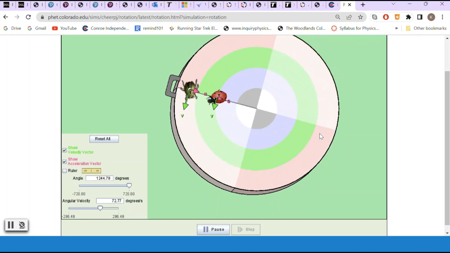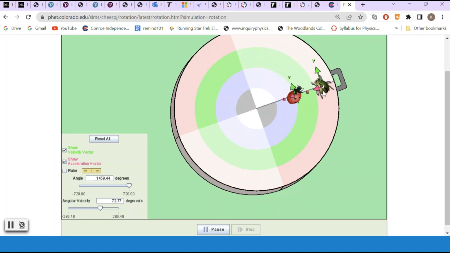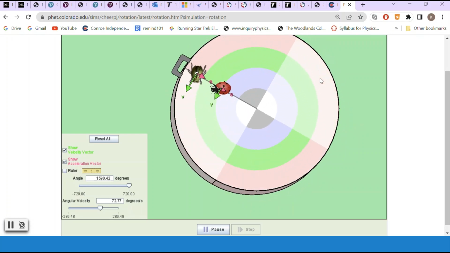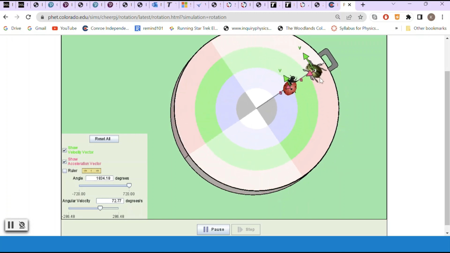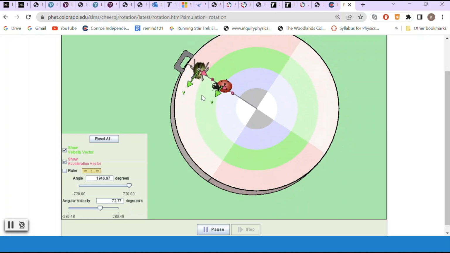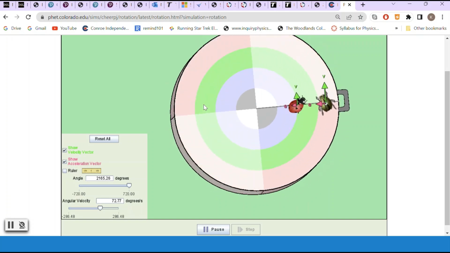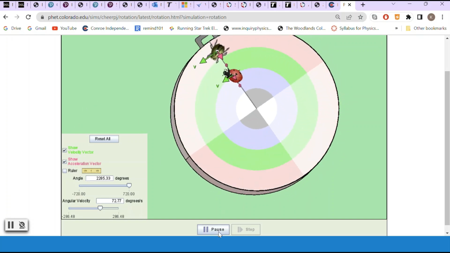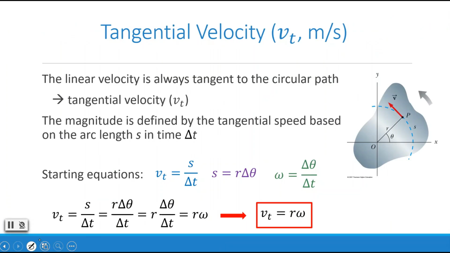So you can see that although they are traveling at the exact same angular velocity, the green bug, because it has a larger radius, actually has a larger linear velocity. And it also has a larger linear acceleration, centripetal acceleration, kind of which we saw before. This is a fun little simulation that you can use for lots of different things. So play around with it.